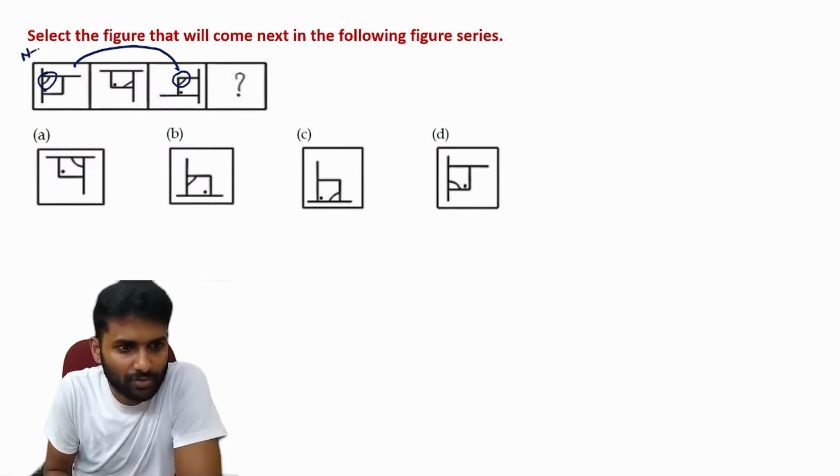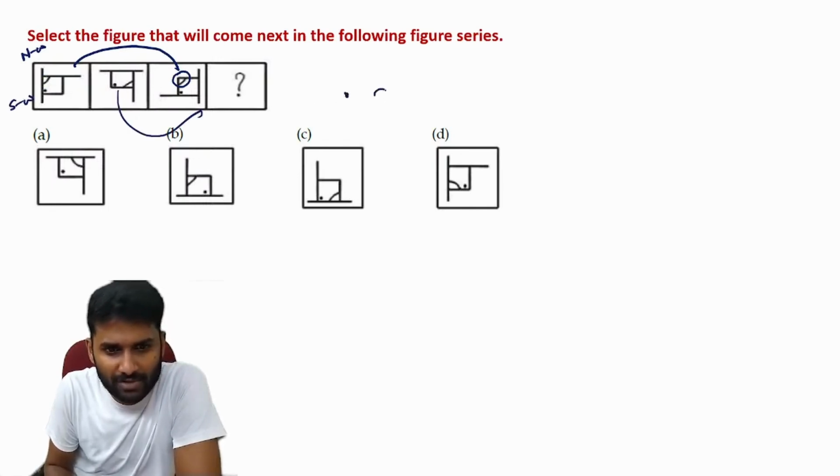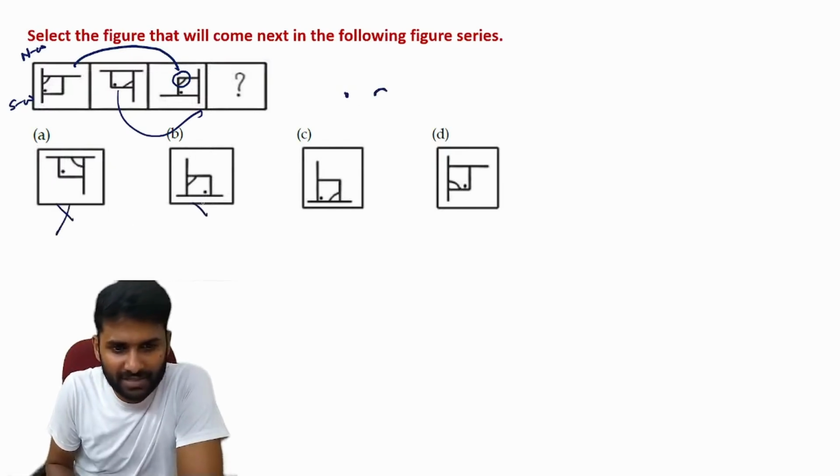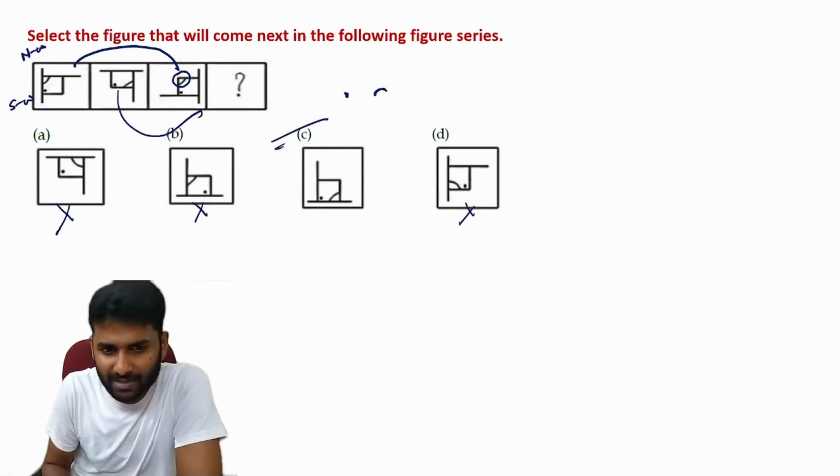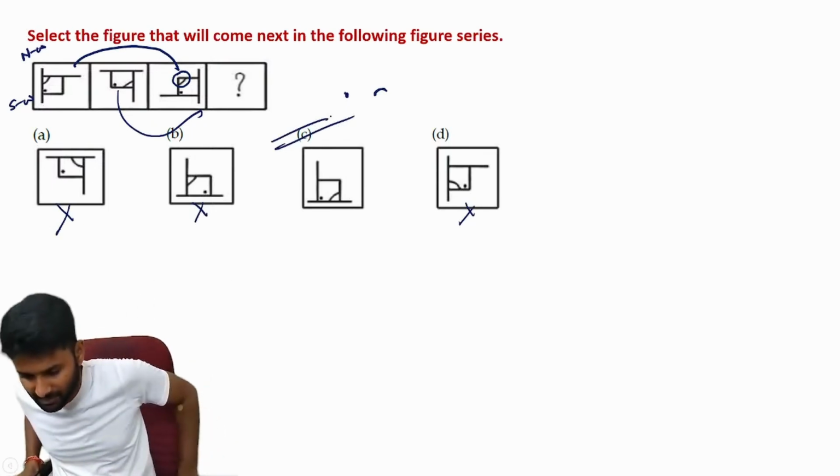It is in the northwest, and the dot is in the southwest. Same way, if you compare here, the dot is always in the southwest and the curve is always in the southeast. A is eliminated, B is eliminated, D is eliminated. The suitable answer is C.